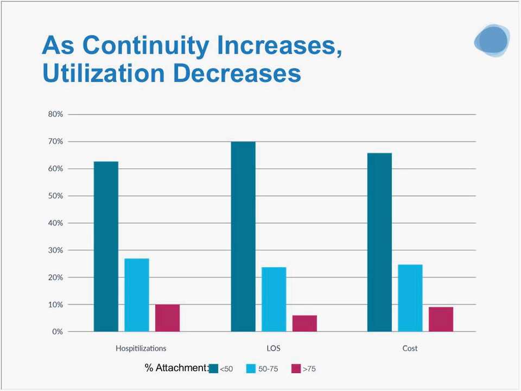So what we can see is that for hospitalizations, there is a 6-fold reduction if patients see nothing more than their own primary care provider. Additionally, lengths of stay are about 10 times shorter for those that are attached, and the cost to the system for these patients is about 8 to 10 times lower.